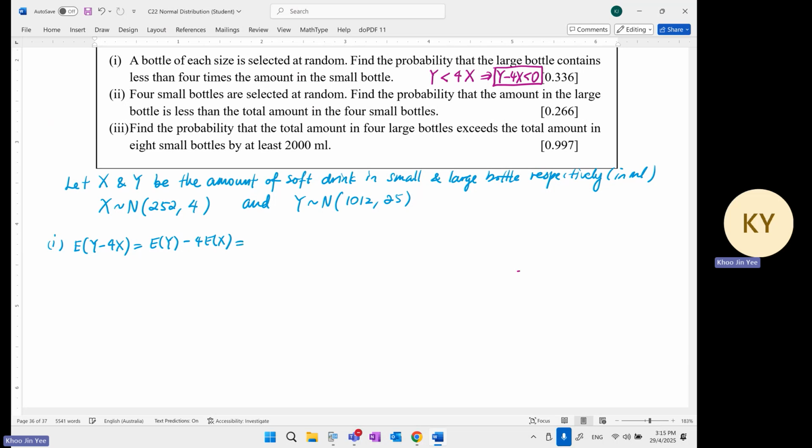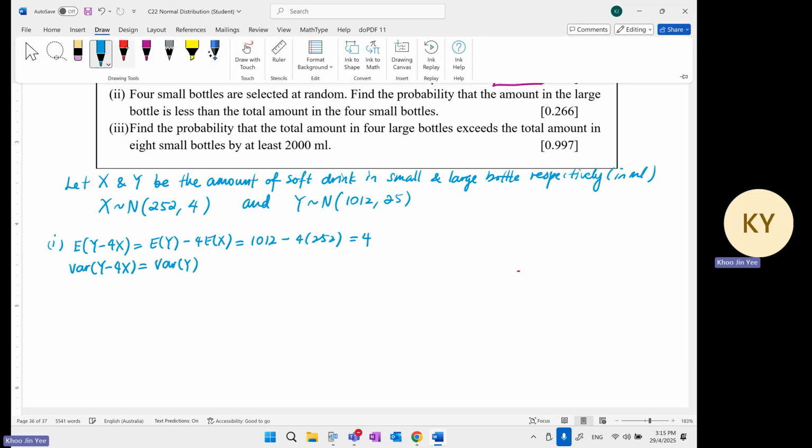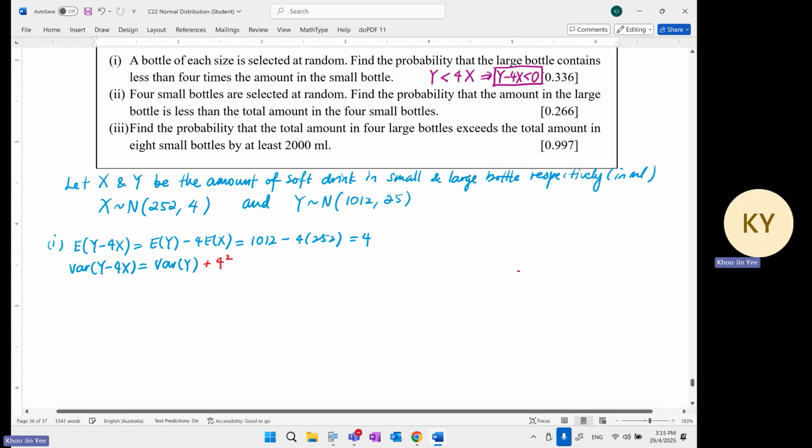So this is going to be 1012 minus 4 times 252, which equals 4. Next, the variance of y minus 4x is the variance of y, be careful, plus 4 squared times the variance of x. So this one would be 25 plus 4 squared times 4.